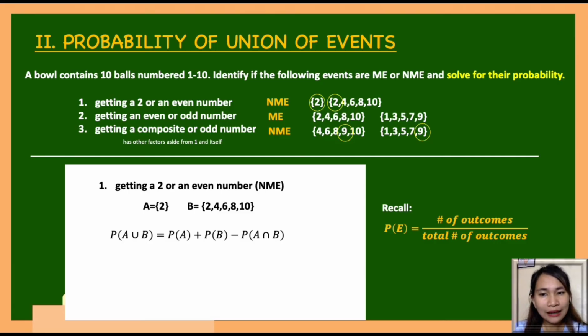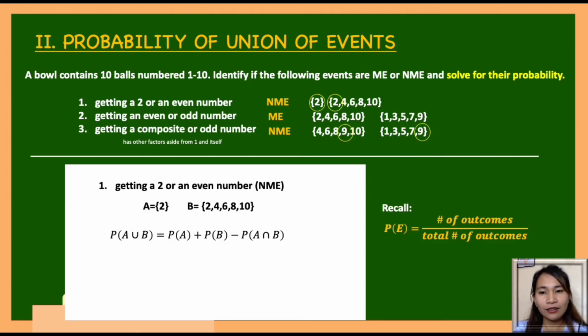For the probability of A, let A be getting a 2, so the possible outcome is 2. For event B, the possible outcomes for an even number are 2, 4, 6, 8, and 10. For the probability of A, we only have one element over 10, since we have 10 numbers, so 1 over 10. For the probability of B, we have 5 elements over 10.